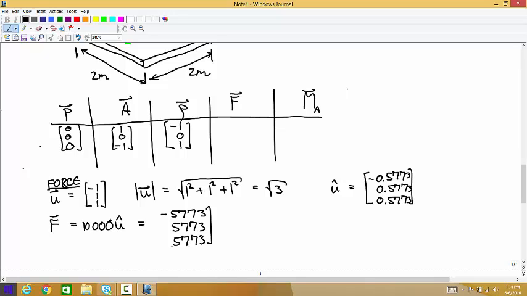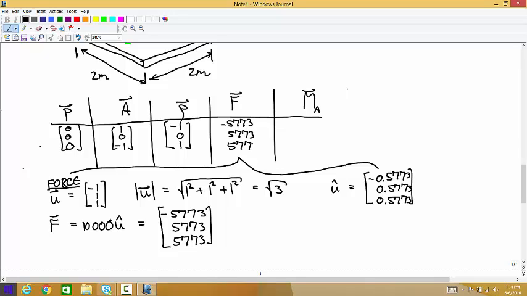So all of this analysis is how we come up with this force vector. And so enter this as negative 5773, positive 5773, positive 5773.